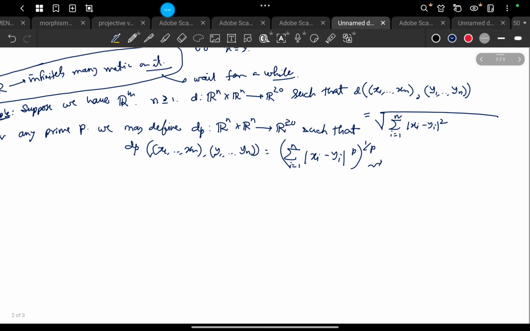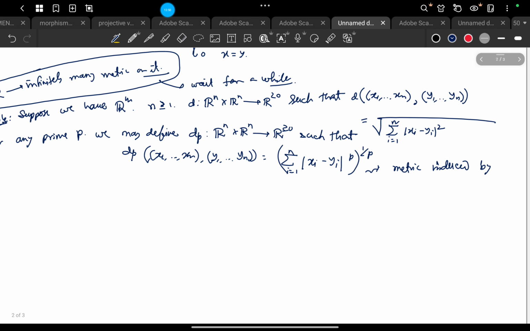So this is basically the metric induced by the p-norm, and for p equal to 2 this metric is said to be the Euclidean metric. When classification is concerned, you can also say two-norm metric, because here we have p equal to 2, and then it completely boils down in this particular way.